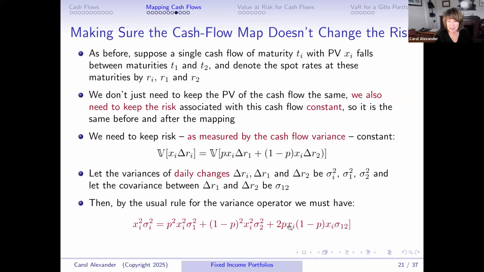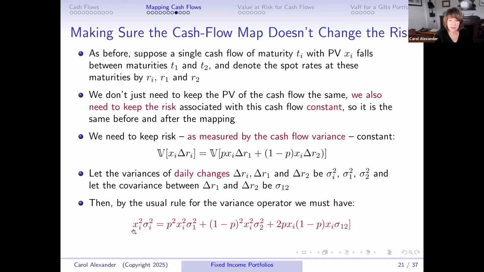So A is P times Xi, B is (1 minus P) times Xi, times the covariance. So that's what we need to make variance invariant under the cash flow map. We have to choose P such that this equation holds.